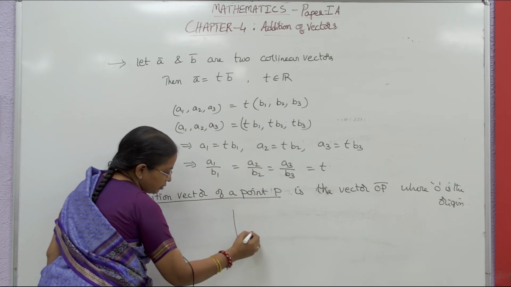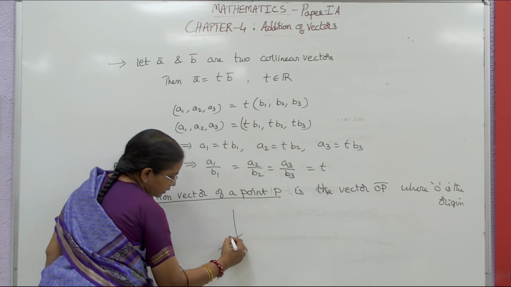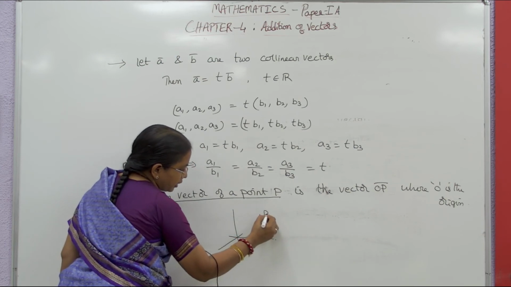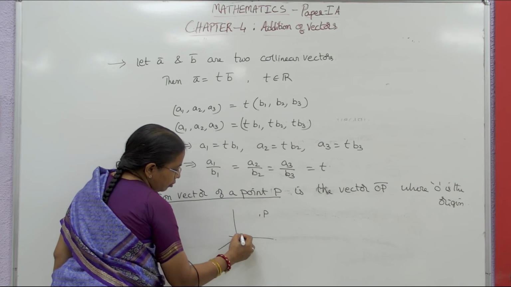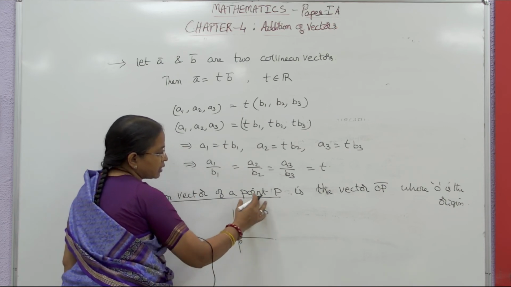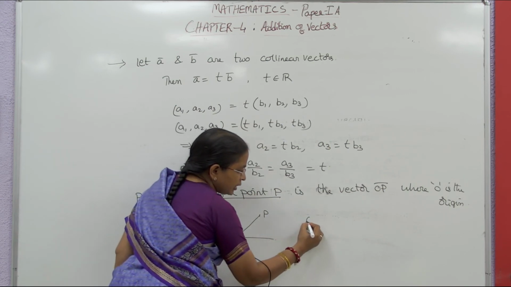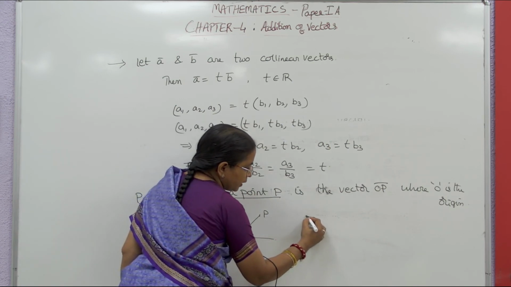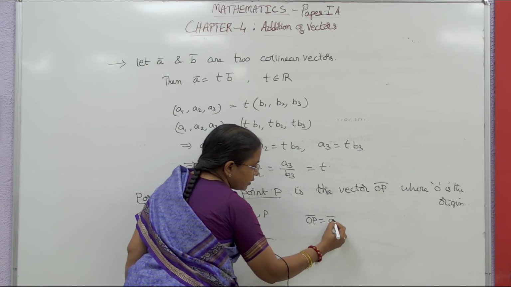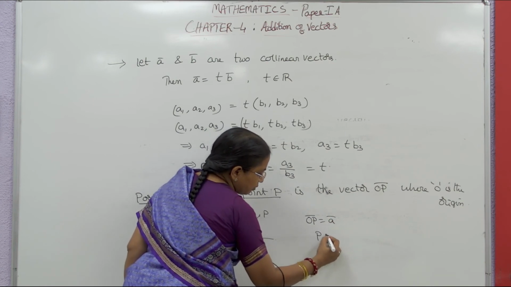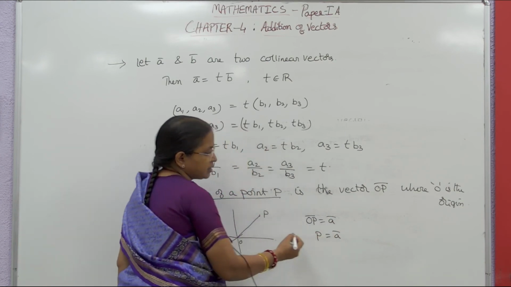Suppose you have the coordinate plane like this. P is a point, and O is the origin. The vector OP is called the position vector of the point P. Suppose OP is equal to a, then we also write P is equal to a. This is the notation.